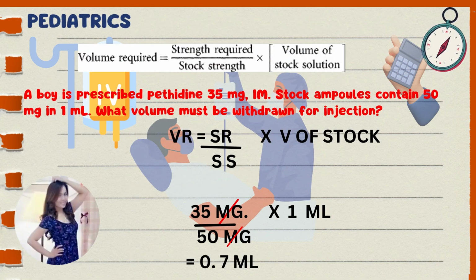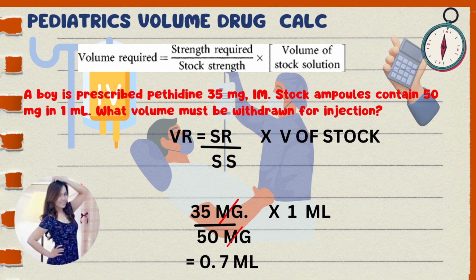Next is pediatric volume drug calculations. The formula is volume required equals strength required divided by stock strength times volume of stock solution. Example: a boy is prescribed pethidine 35 mg IM. The stock ampules contain 50 mg in 1 ml.